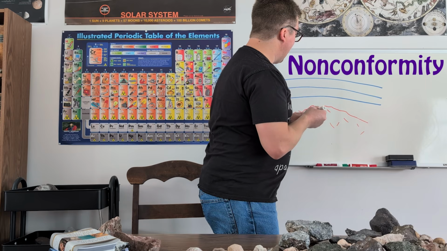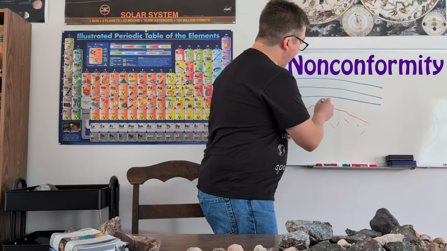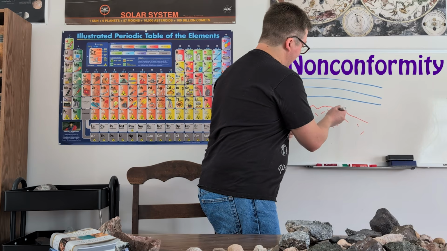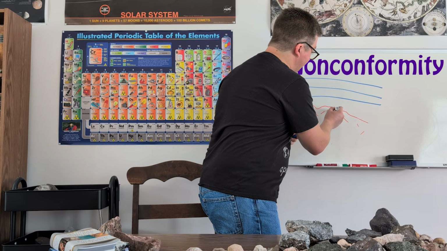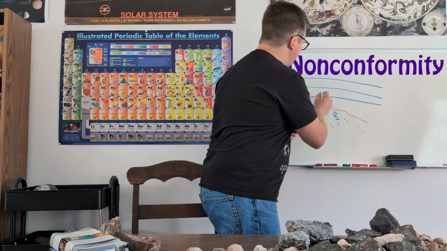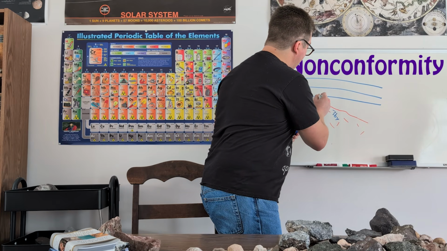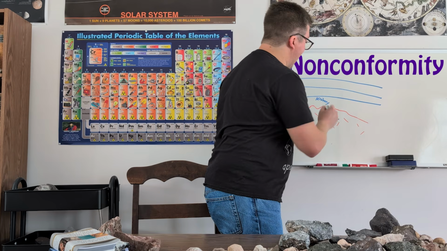And so this nonconformity is a missing time period here. I mean, this rock unit, this gneiss, might be 3 billion years old, and this unit here might be 100 million years old. That's a pretty big gap.